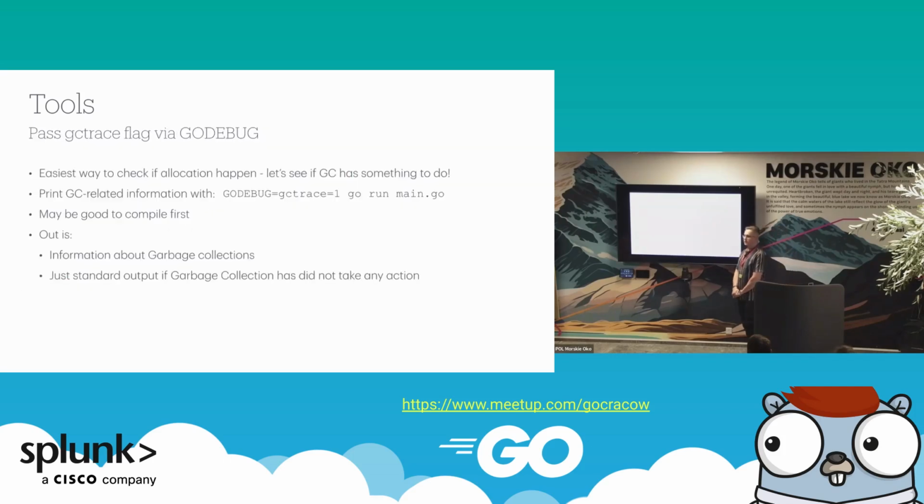Regarding escapes and tracing execution, you have a few options. For me, the easiest, the fastest one is to check it by setting the GODEBUG environment variable to gctrace=1 and running your program. Maybe good to compile first, because if you don't do that, you will also get the output for garbage collections for the compilation step.